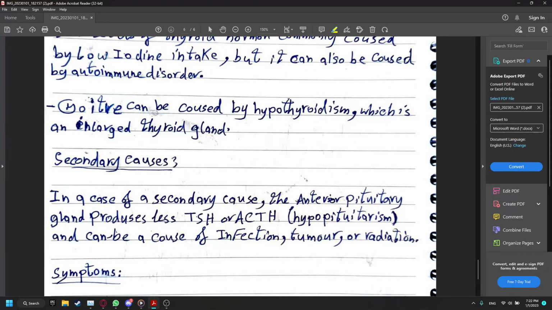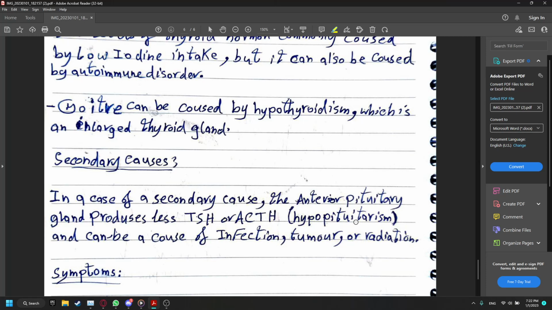In the case of secondary causes, the anterior pituitary gland produces less TSH or ACTH. That is hypopituitarism, sorry about that.